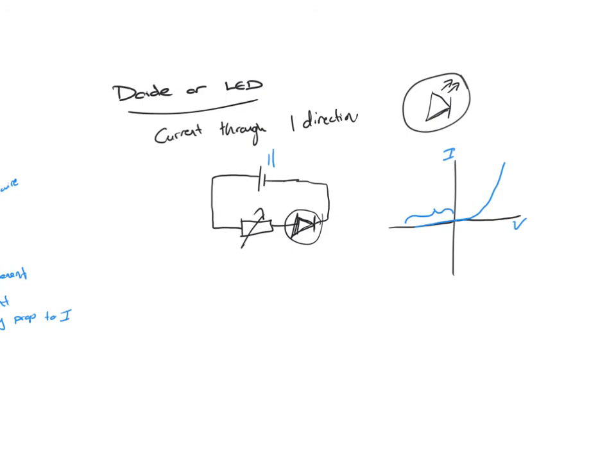So that's already one of the very important features. When you look at this graph, you can already see it's not a straight line going through the origin. That means potential difference is not directly proportional to current, which means it doesn't obey Ohm's law. If it doesn't obey Ohm's law, we call it a non-ohmic component.